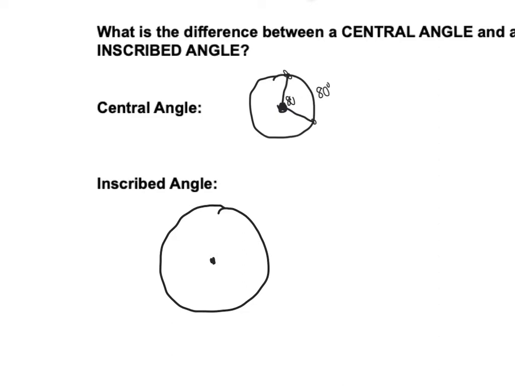An inscribed angle has the vertex on the circle, which means we're going to have something that looks like that. And then what we're going to learn in just a second is how we can figure out the measure of that arc right there. So an inscribed angle has its vertex on the circle. A central angle has its vertex in the center of the circle.